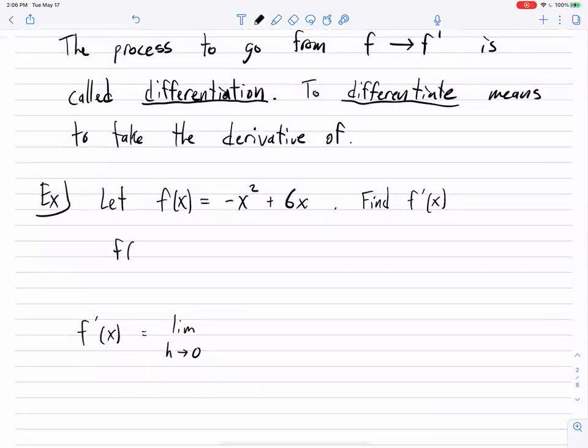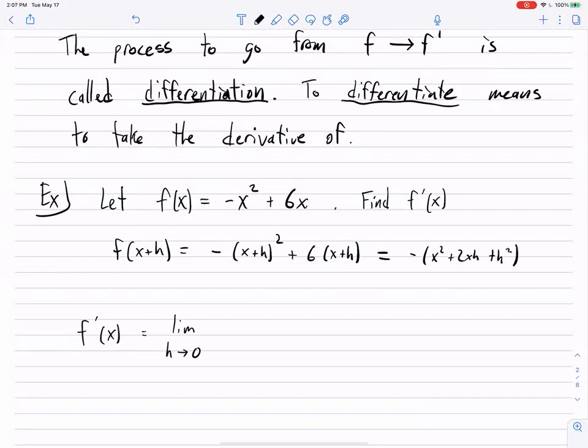So what is f of x plus h? If I plug in x plus h into this function, what is it? It's negative (x plus h) squared plus 6 times (x plus h), which if I FOIL that all out, it'll be negative (x squared plus 2xh plus h squared), and then plus 6x plus 6h.